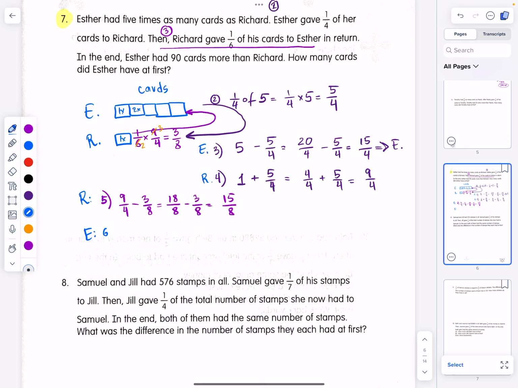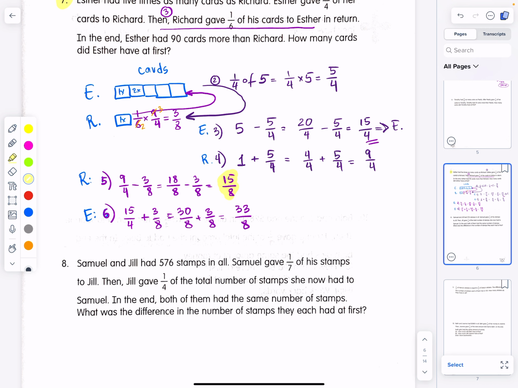Esther had 15/4 right here. And what did she gain? She gained 3/8. Therefore, Esther now has 33/8. My friends, let me label it with a highlighter. At the end, Richard has 15/8 and Esther has 33/8.